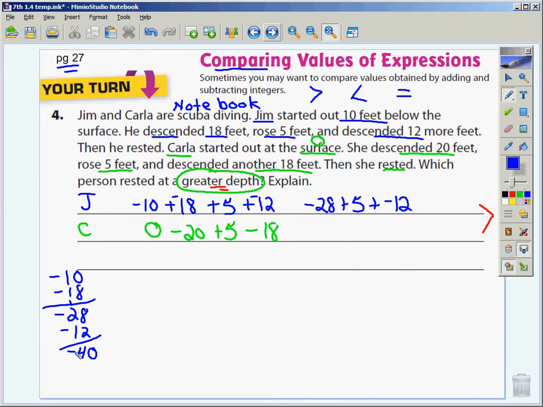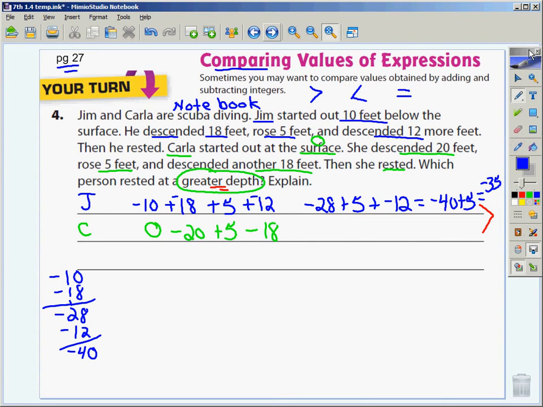So I now have negative 40 plus 5. These actually have different signs, and I would subtract, so this is going to be a negative 35. So I know that when Jim rested, he was 35 feet below the surface.